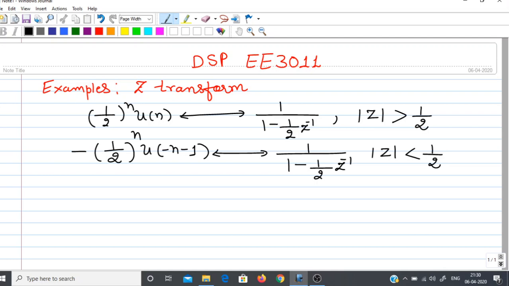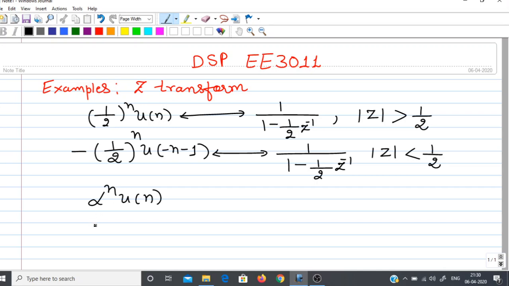Generalize means what? Here I have taken half. Instead of half, if I take alpha to the power n u[n], where alpha is any real number, 1/2 or 3, alpha is real. It may be complex, it may be even complex.